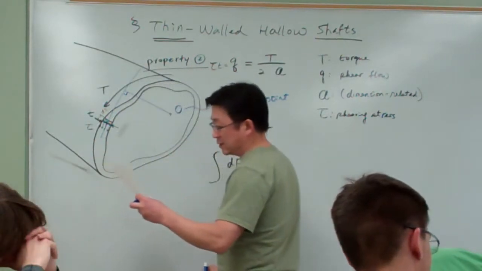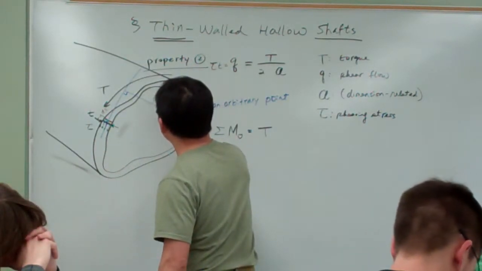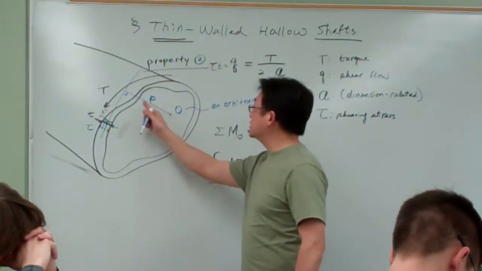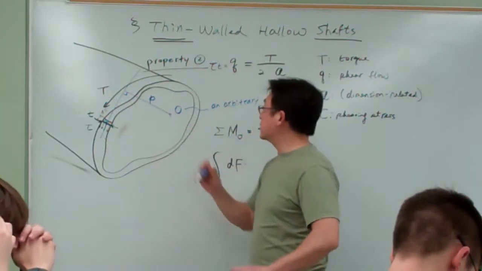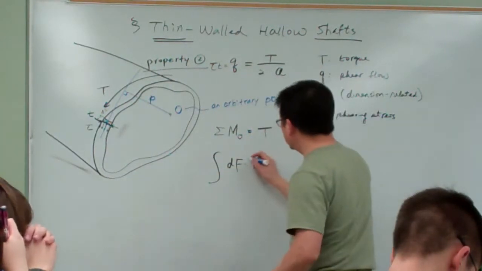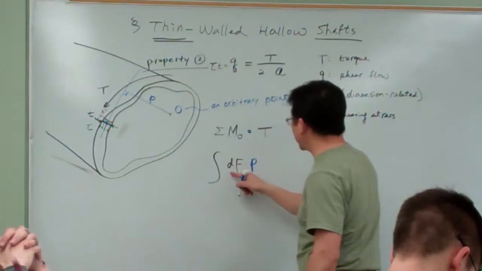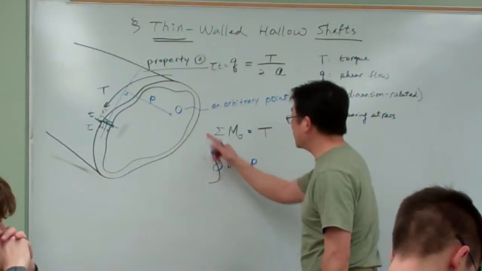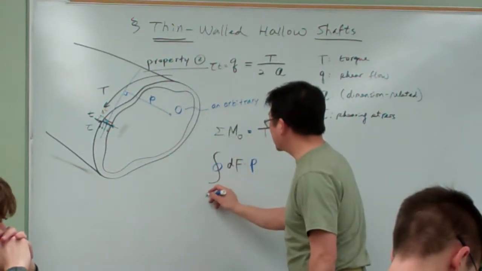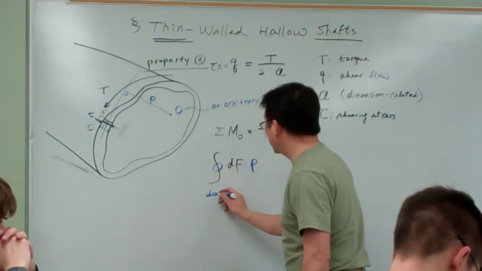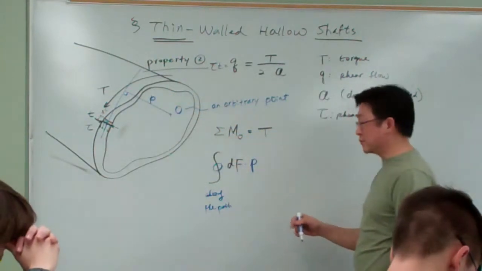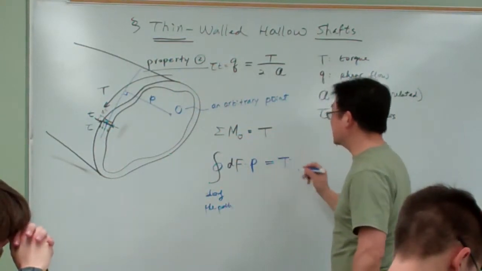So let me call this distance P. I follow our textbook notation. The distance from here to here is called the P. So the small force multiplied with the distance gives us a small torque. Right? And here we take the integral along the whole path, along the path of the cross section. Okay, hopefully you know. So that one must be equal to T.